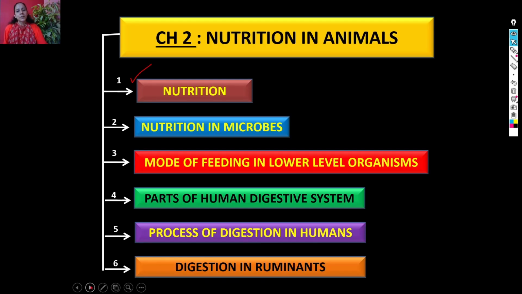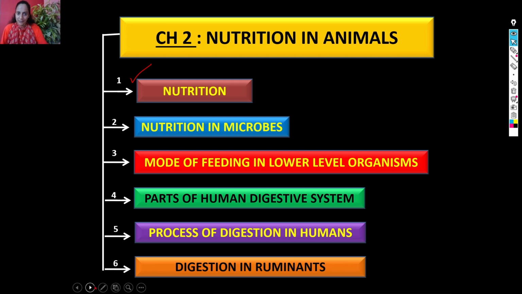I have divided this chapter into 6 parts, and today we are going to take up the first segment, that is the introductory part of this chapter, nutrition in animals, and it's related to nutrition and terms related to nutrition.